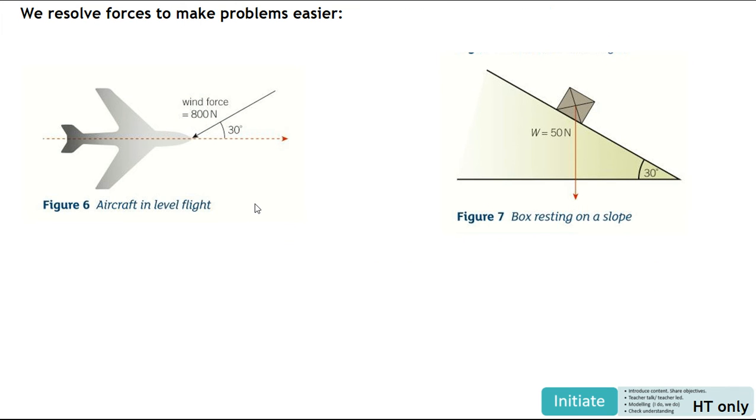Let's move on. So here are two examples where we resolve forces to make the problem easier. Here's an aeroplane. Imagine we're looking at it from above and the wind is blowing at this angle onto the aeroplane. The aeroplane is obviously moving forward, and so we need to know what the force horizontally is trying to slow that aeroplane down.